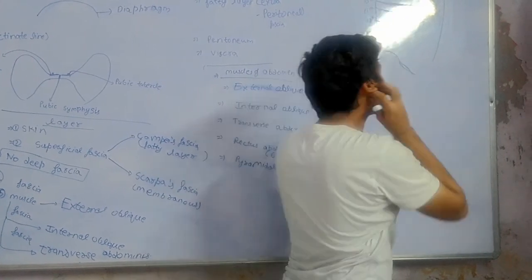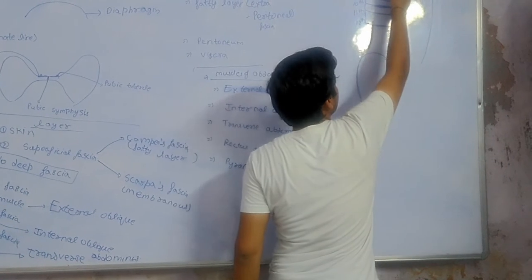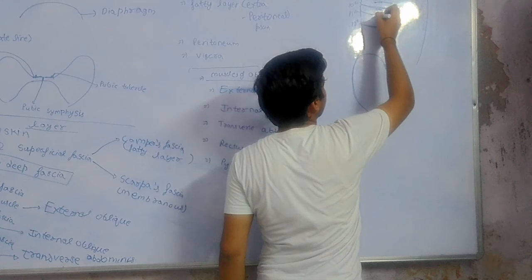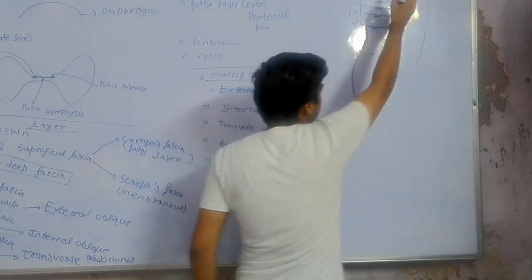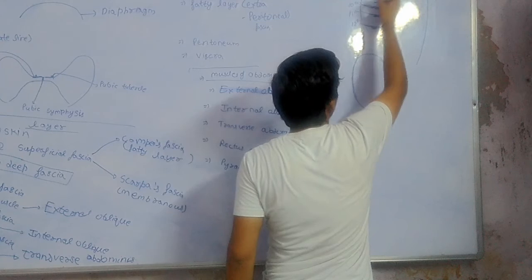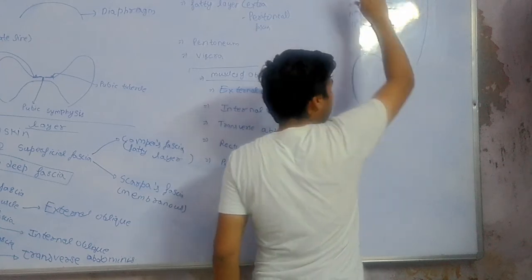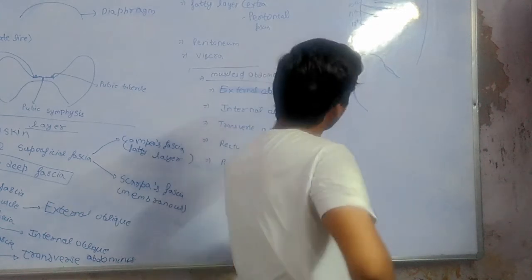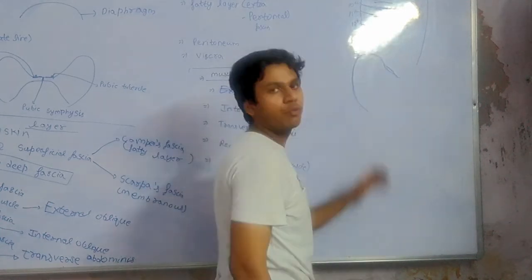It takes origin from lower 8 ribs. This is origin of external oblique. Then it goes to the central point and takes insertion in the anterior portion of iliac crest.